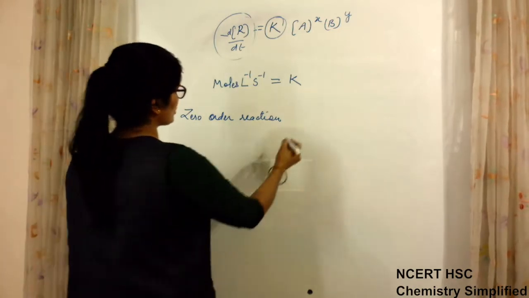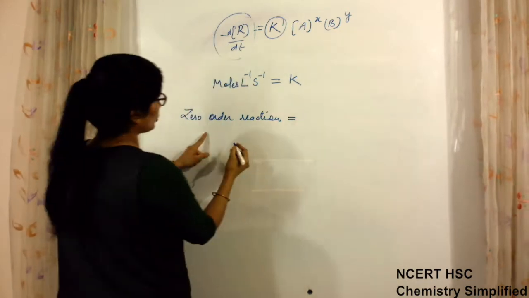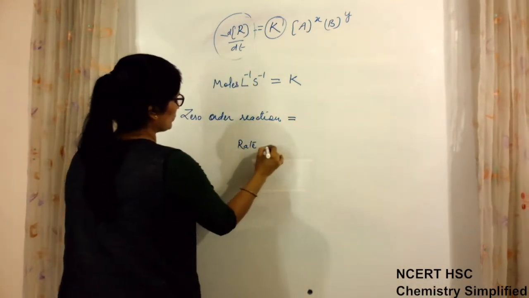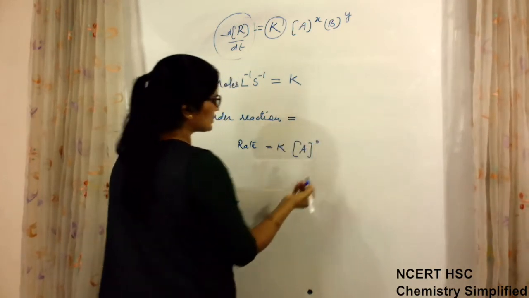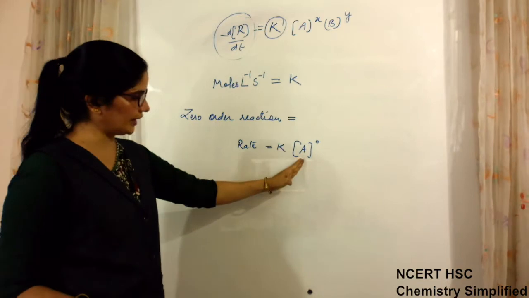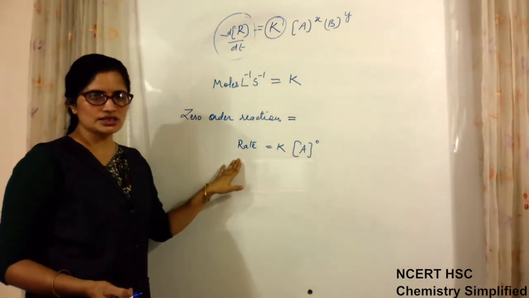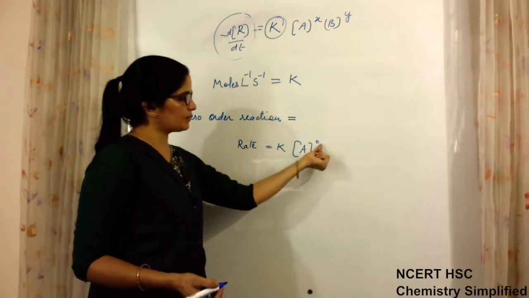Now for a zero order reaction, if I want to write the rate law, then the rate law will be rate is equal to k times the concentration of a raised to power 0. This will be the rate expression for a zero order reaction, that whatever reactant is present, its power is 0.